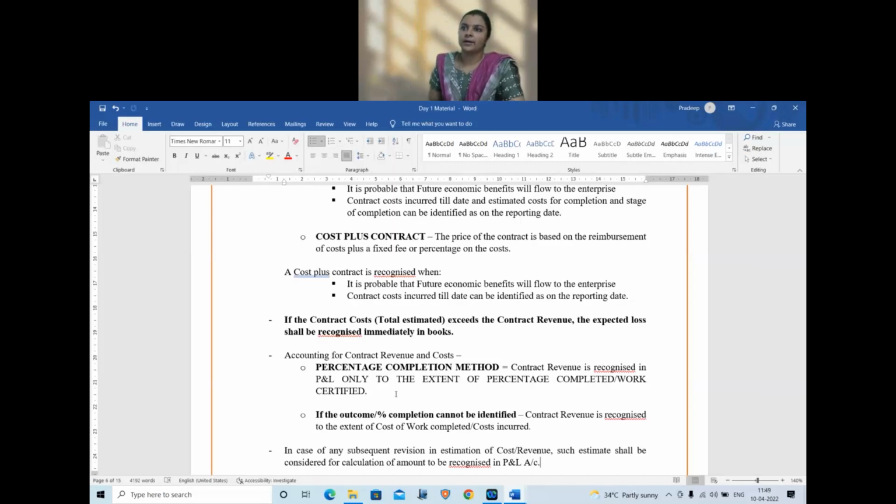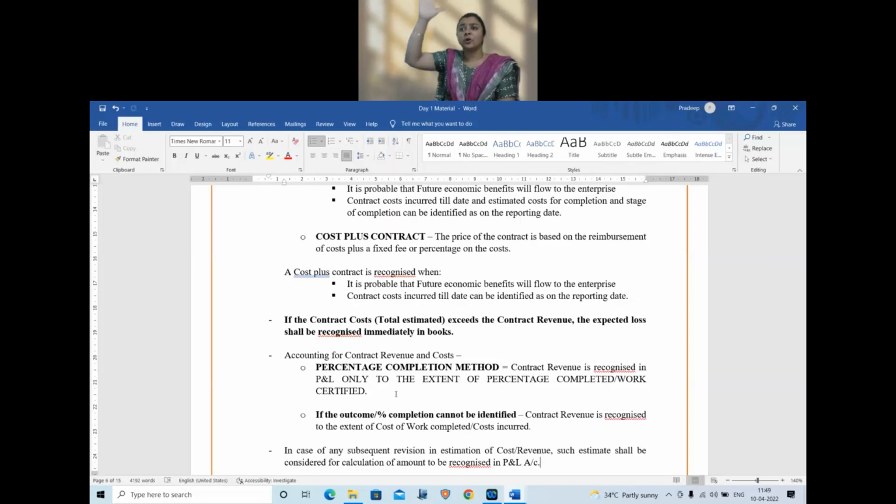What is the revenue to be recognized? 100 crores into 40%, which is 40 crores revenue. And whatever cost you have incurred till date for that 40 crores revenue shall be taken to contract cost. So in the revenue, you will have 40 crores. In the cost, we will have actual cost. The difference will be profit or loss for the year. Right? This is the first rule.